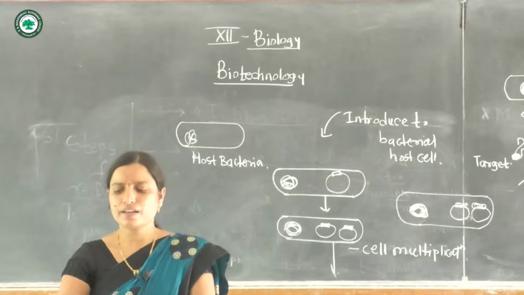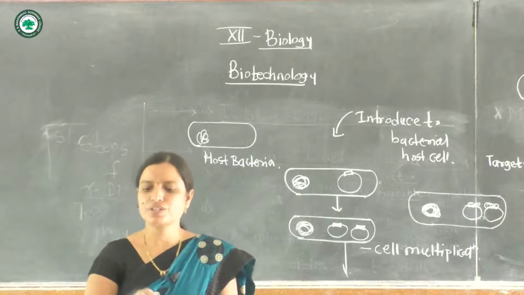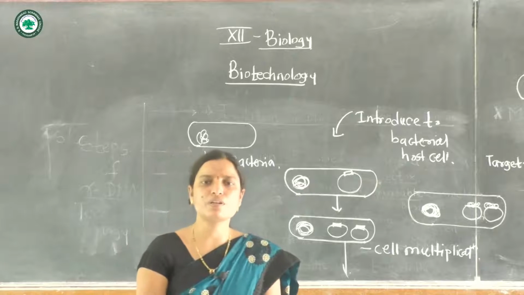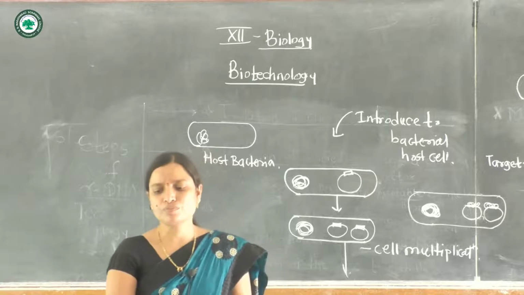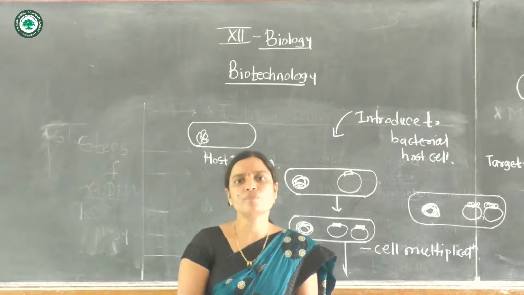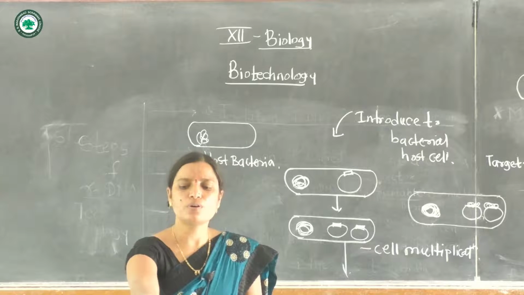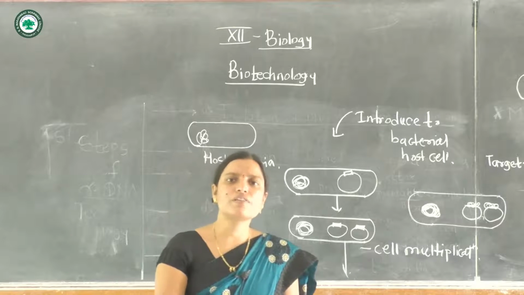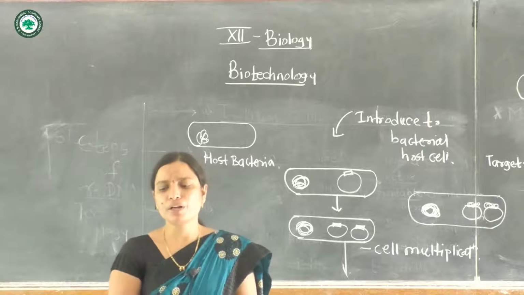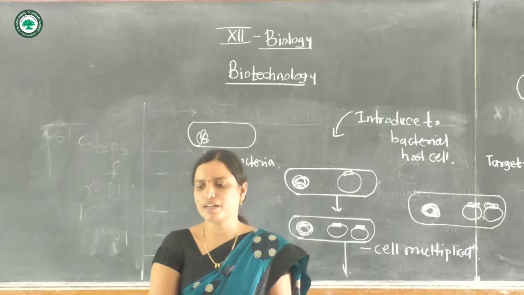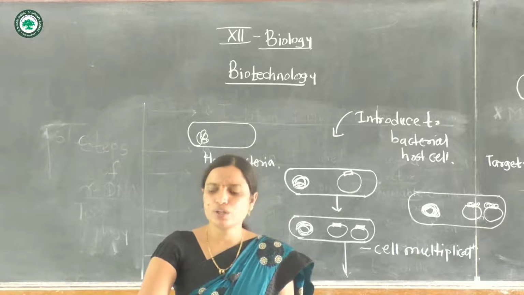In this rDNA technology, there are several steps involved. The first one, isolation of the desired gene. Next one, insertion. This is the insertion of the specific DNA fragments into the target DNA of the host cell. And now the third step is the transfer of the rDNA to the suitable host, meaning bacterial cells or bacterial organisms, like cloning takes place also in plant biotechnology.